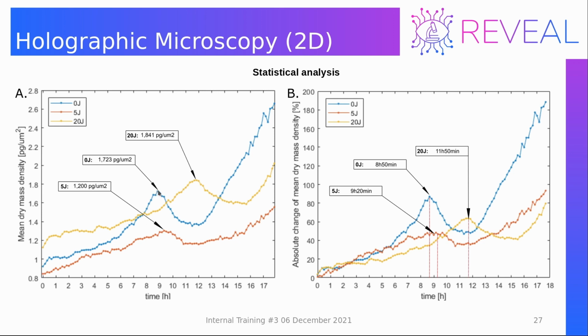If the cells were not irradiated, the local peak of the mean dry mass density was in this position, whereas when the cells were irradiated, this peak moves to the right, and the higher the dosage, the bigger the delay of this peak.